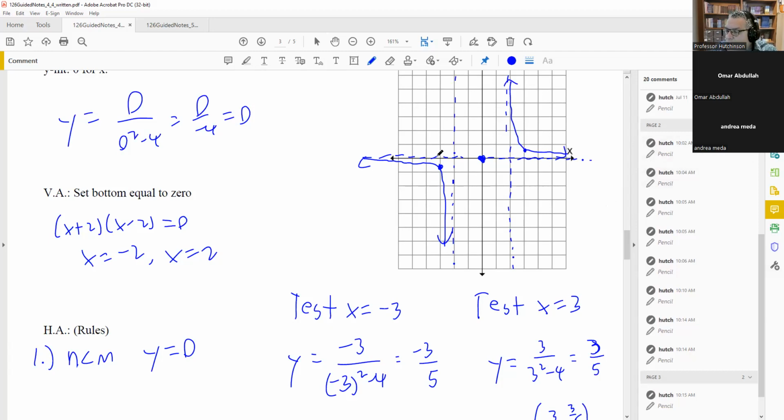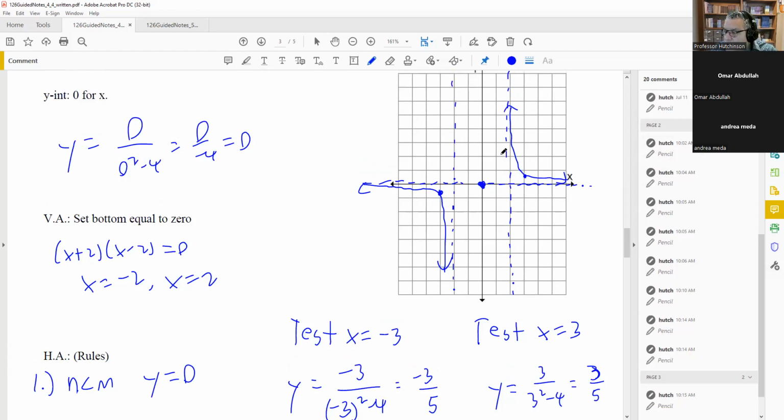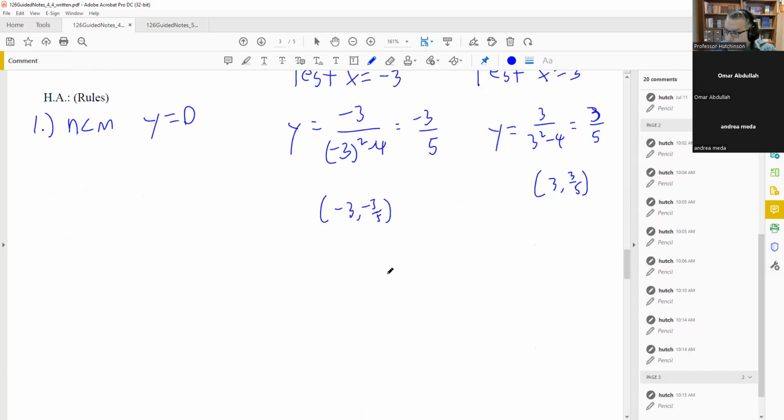Okay, so now I need the part in the middle. I'm going to test -1 and 1. That's going to tell me what kind of shape I have in the middle here. So let's test x equals -1, and we'll test x equals 1.